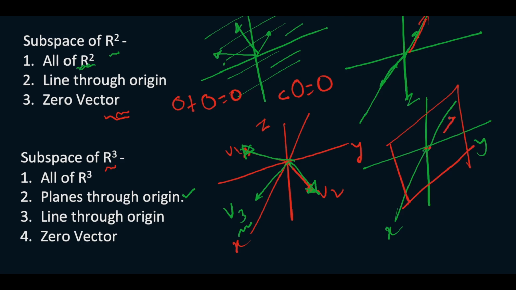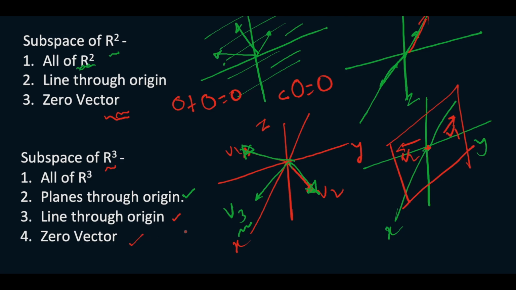When you take a vector v1 and another vector v2, the combination of these two will also be in the same plane, and the origin has to be included because when you multiply by 0, you get a 0. It is a similar case to a line in 2 dimensions. Similarly, the other subspaces will be a line through the origin and the 0 vector.